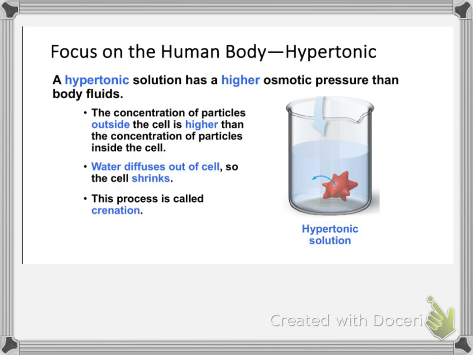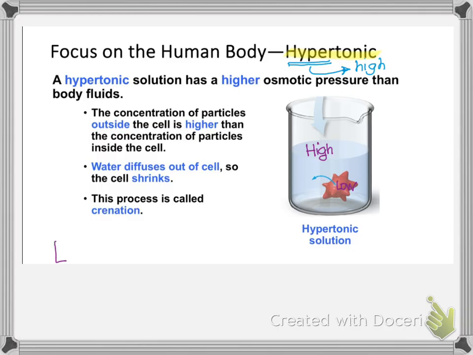And then the next one is hypertonic. And so this little prefix hyper, so hypo means low, hyper means high. Like if you have hypertension, you have high blood pressure. So this is a solution where the solution has a higher osmotic pressure or a higher particle concentration than what's in the cell.